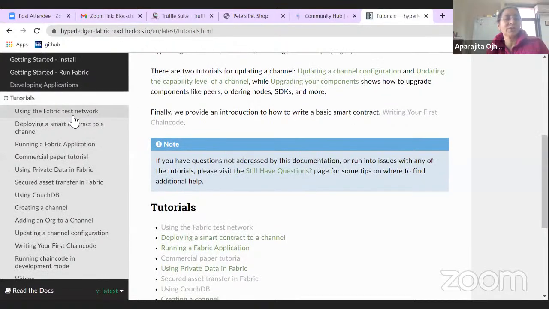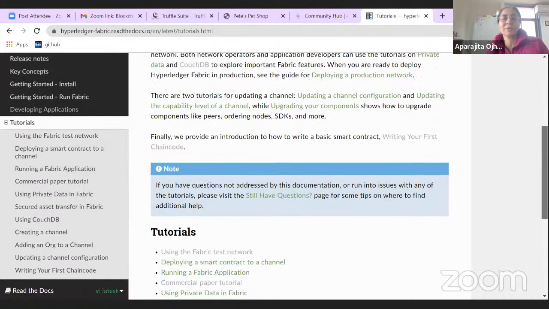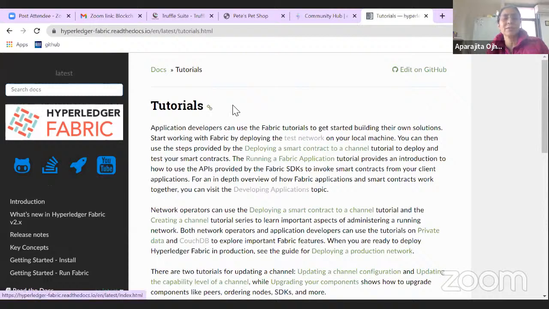Using the Fabric test network, deploying a smart contract onto a channel, running a Fabric application. So Hyperledger Fabric is a platform where you can create your blockchain application and run those applications, right? For enterprise level also. Okay, now I come back to this.